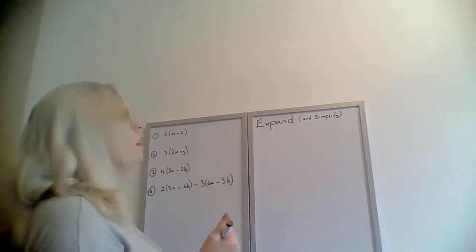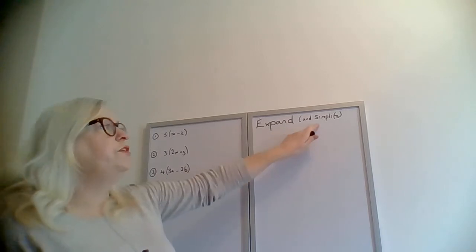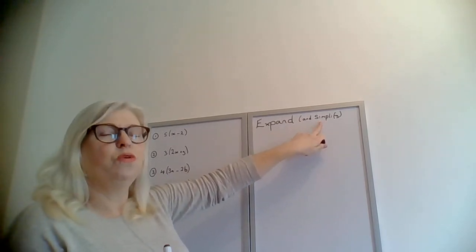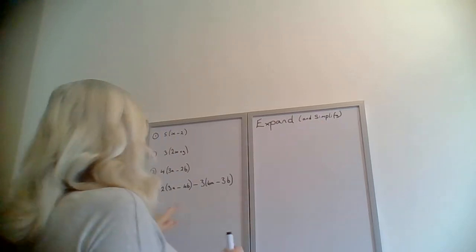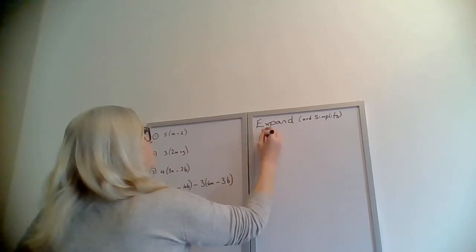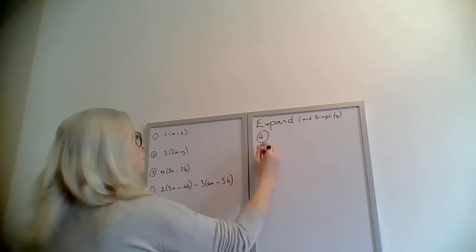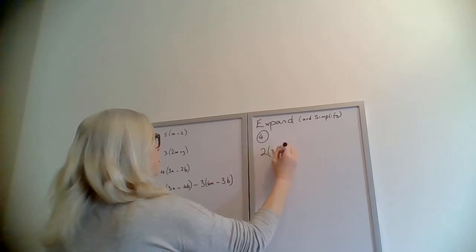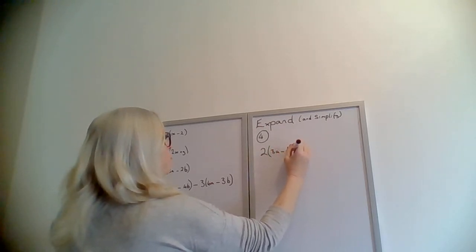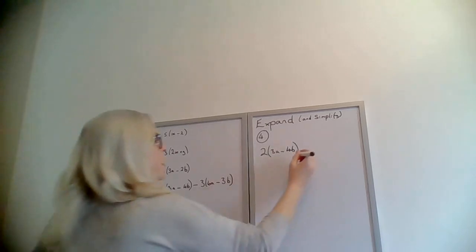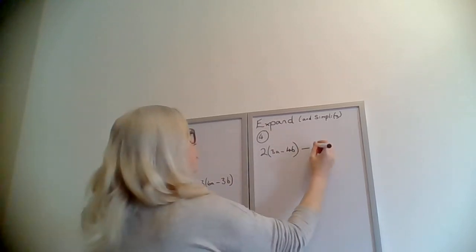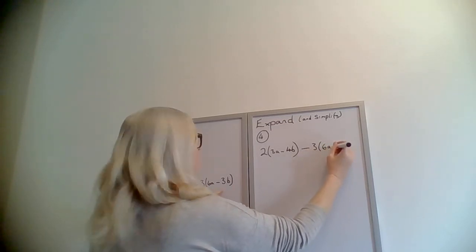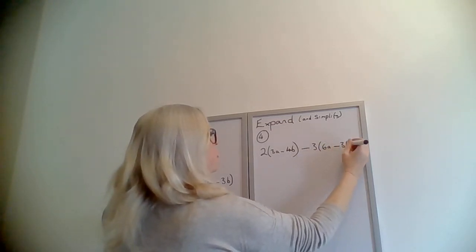Okay. So far we've expanded. We've not needed to simplify. We only need to simplify when we need to do something called collecting terms, which you may have heard of in another context. So that's what we will see here. In this one, we've got 2 multiplied by 3a minus 4b, and then minus 3 multiplied by 6a minus 3b.